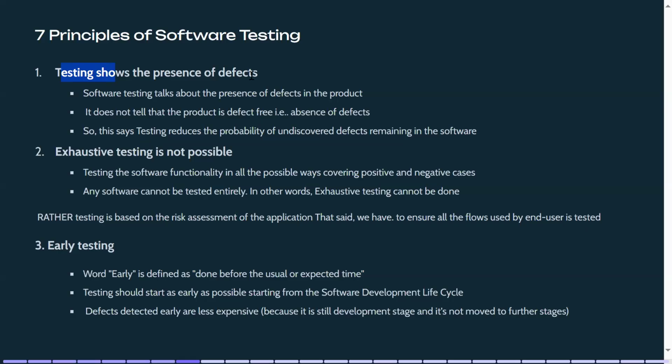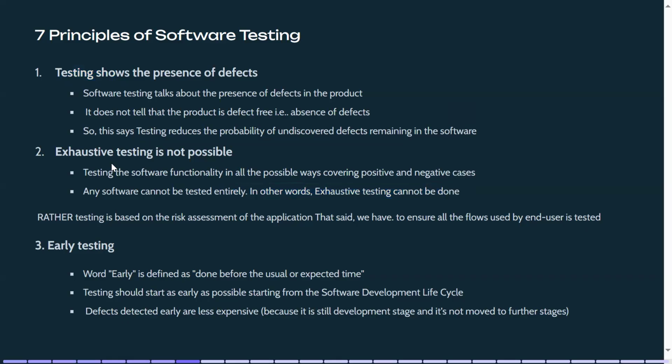The next principle is that exhaustive testing is not possible. It is impossible to test all possible combinations of inputs and scenarios that the software product or system may encounter. So the testing effort should be focused on the most critical and important aspects of the software product or system.